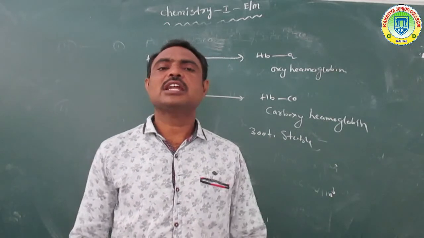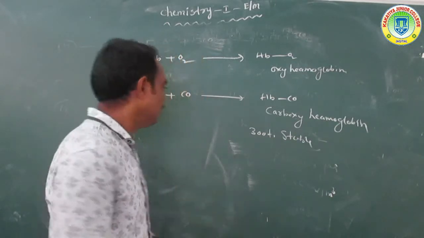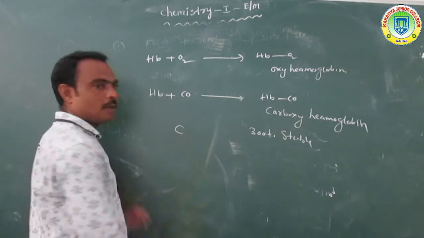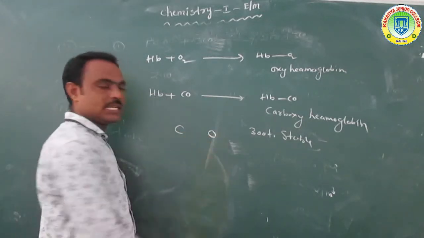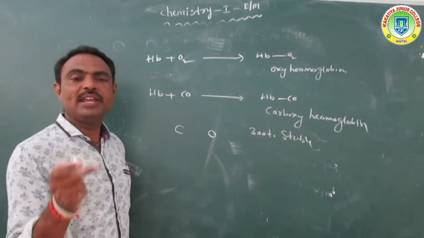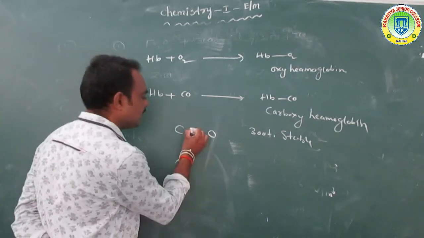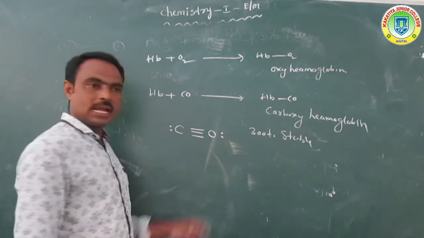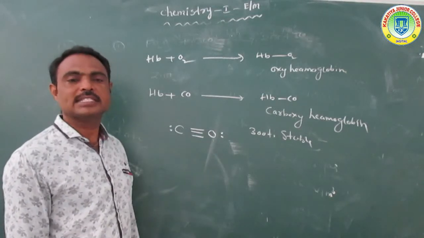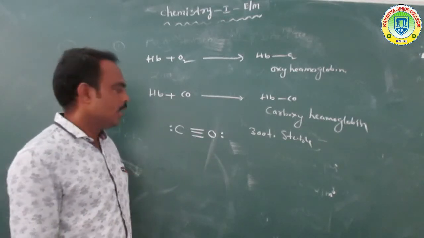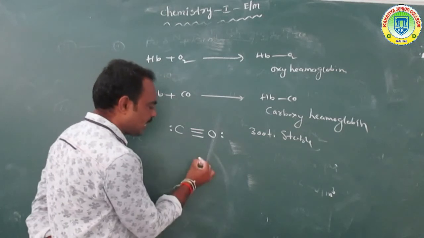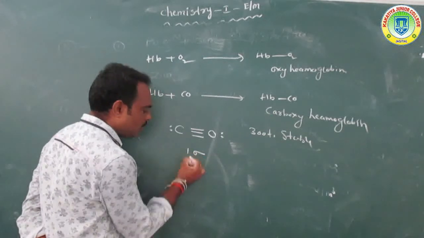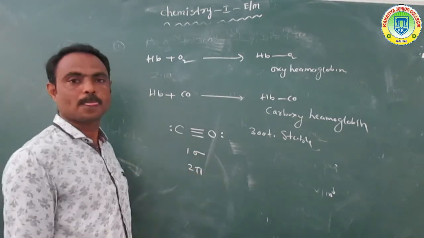What is the structure of carbon monoxide? Suppose carbon and oxygen. Between carbon and oxygen there is a triple bond. This triple bond contains one sigma bond and two pi bonds.